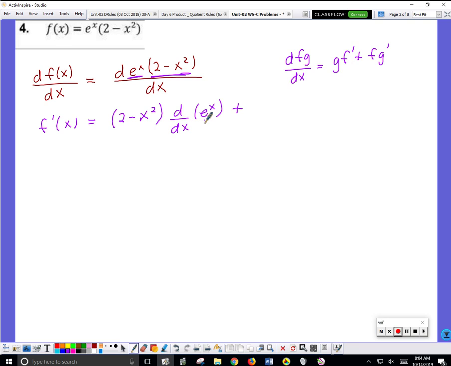Now I just repeat the process the other way around. So I write down the first factor multiplied by d over dx of the second. Oh, so it's mirrored? It's mirrored. Prime means the same thing as d over dx.